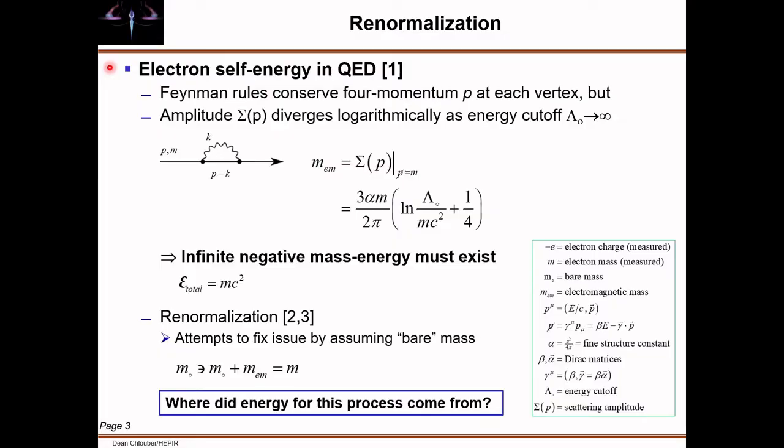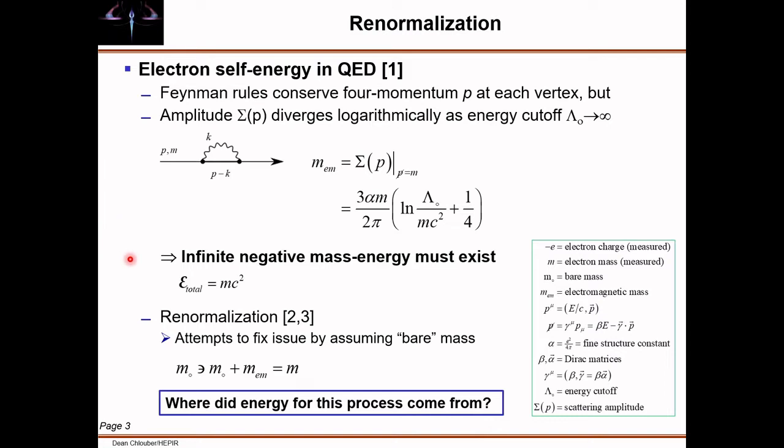Take the electron self-energy in QED, for example. My advisor pointed out that the Feynman rules conserve 4-momentum at each vertex, but arbitrarily high momenta circulate in the loop, and the scattering amplitude, sigma of p, diverges logarithmically as the energy cutoff, lambda naught, approaches infinity.